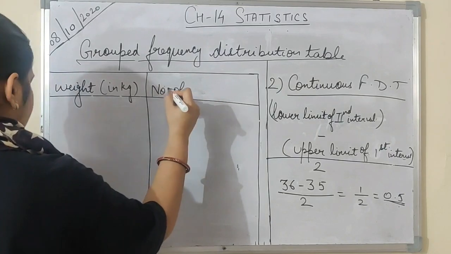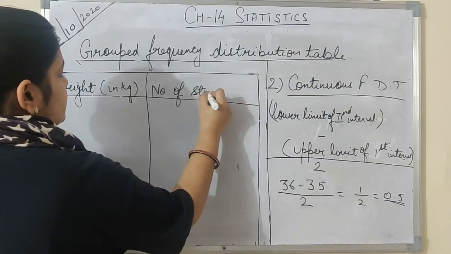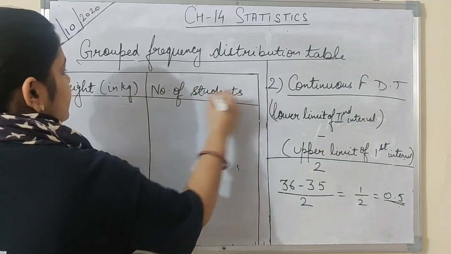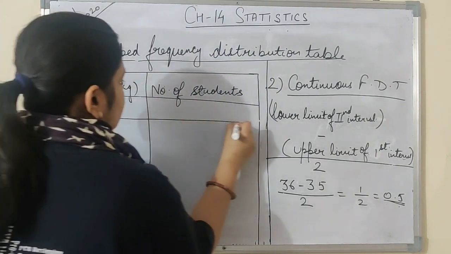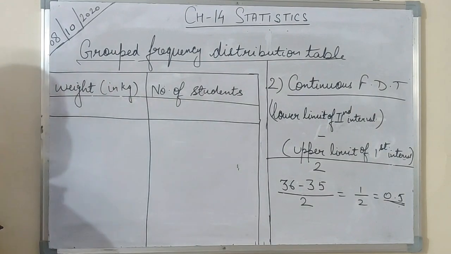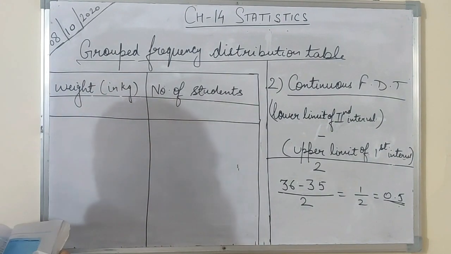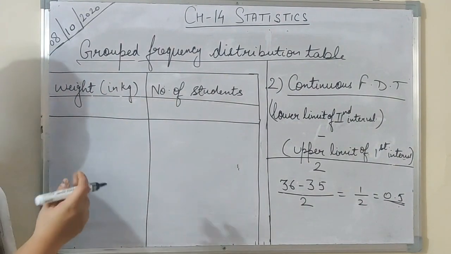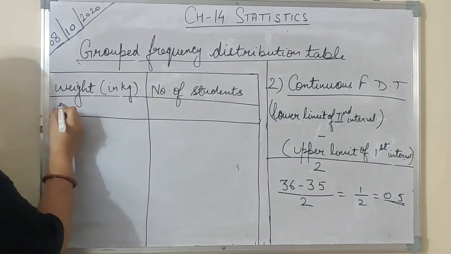I'm making the table for weights of some students. This time the table will be in continuous frequency distribution. Now you can see over here that first it was 31 to 35. Now how to make 31 to 35?